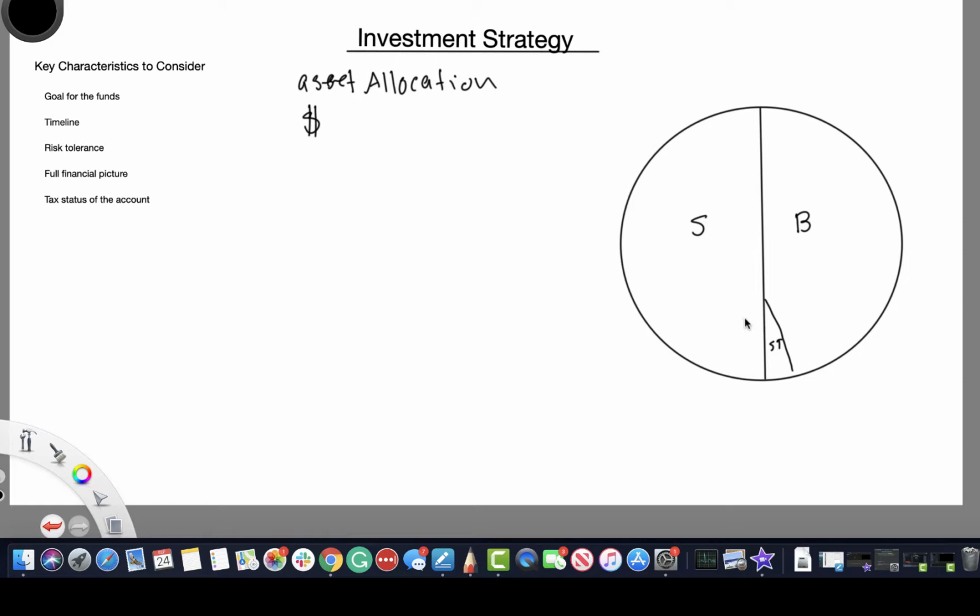The reason you would do this is because each of these asset classes has different return and risk characteristics associated with it. So just to illustrate that for you very quickly here, if stock is blue here, stock historical performance is going to look a lot like this, right? So it's got high potential for return, but there's a lot of volatility mixed within here.